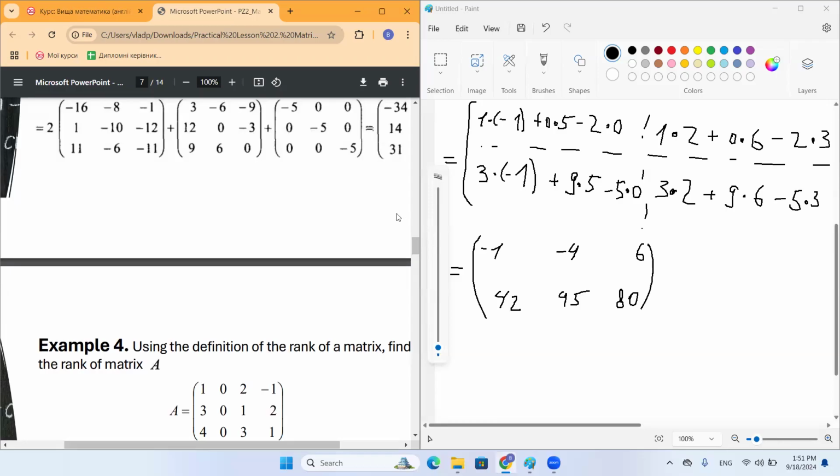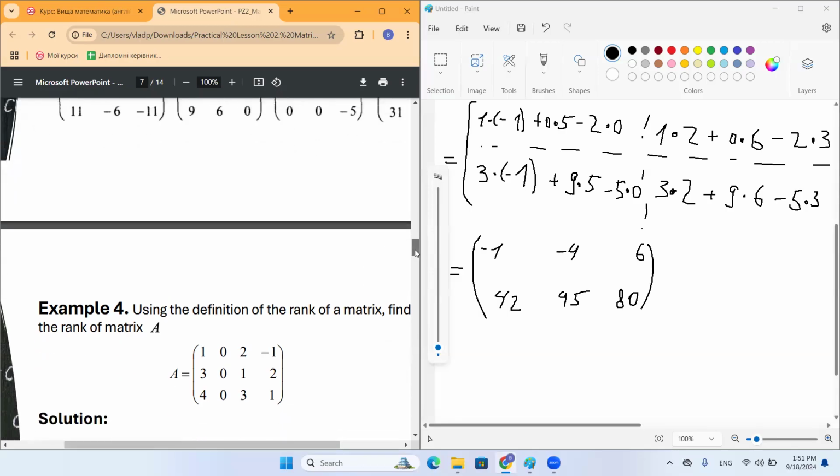Four, maybe. Can we calculate a minor of fourth order? No, so we have a matrix with dimensions 3 by 4. So how can we have a rank of 4 here?